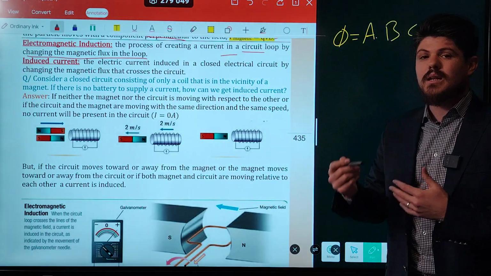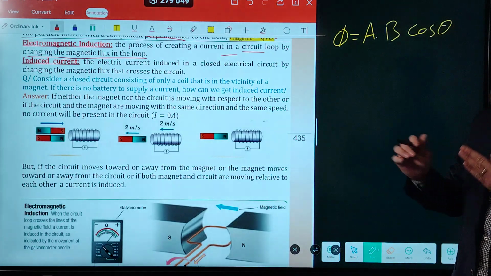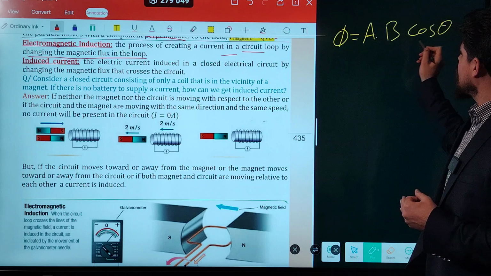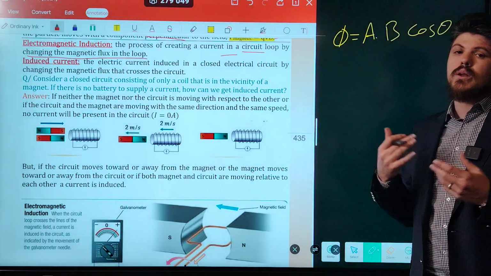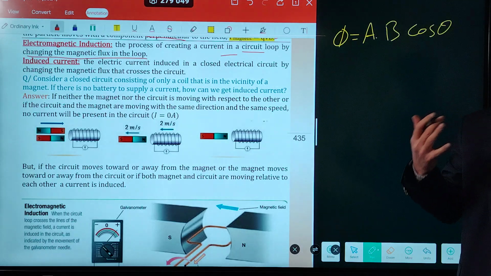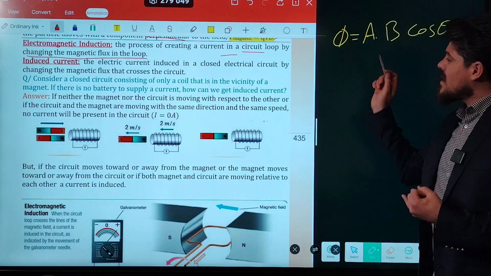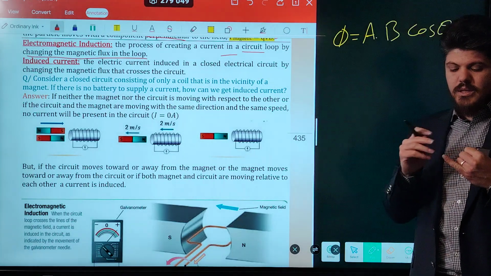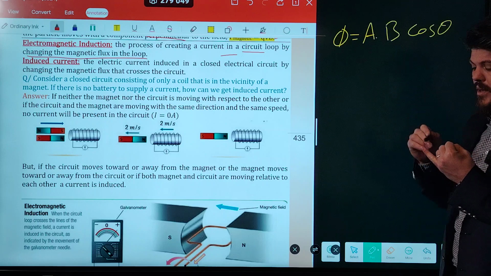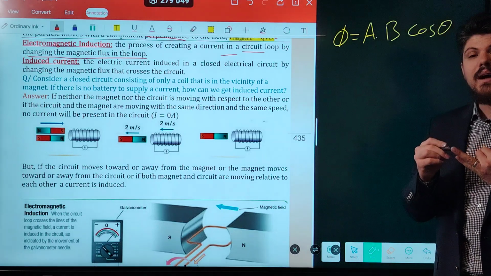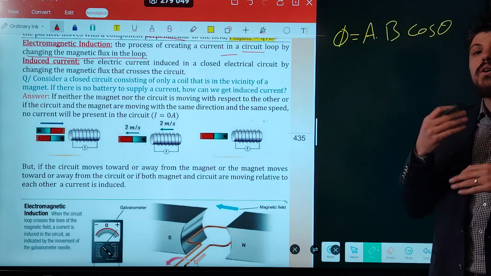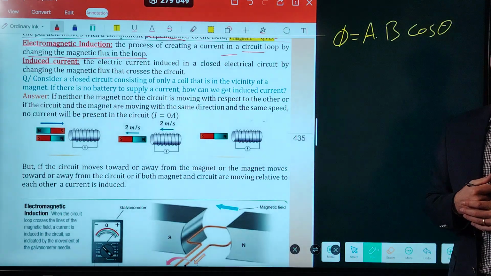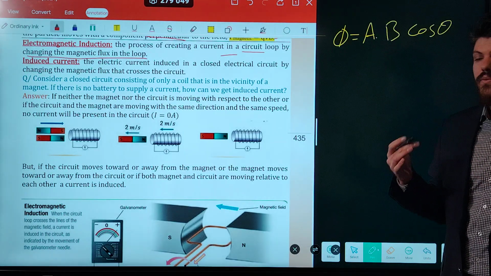It depends on 3 factors: the area of the coil, the magnetic field of the bar magnet, and the angle between the area vector and the magnetic field, that is, the orientation of the coil.